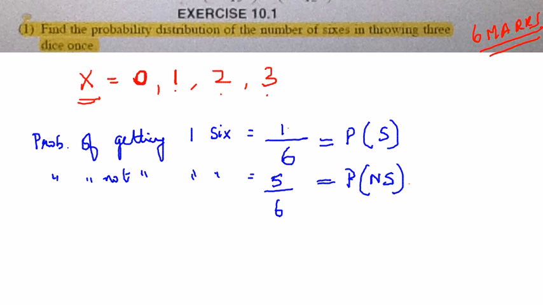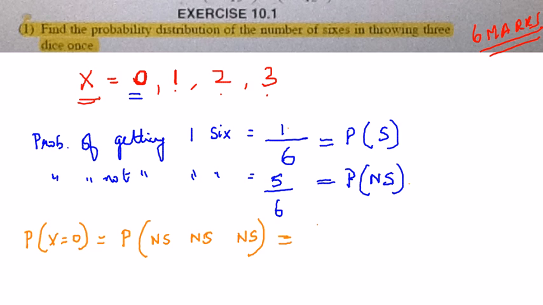Okay, now let's use these variables that we have here. So probability of x equal to 0, in the sense all my 3 dice are showing non sixes. So I'm having one throw of 3 dice here, and all the 3 dice are not showing sixes.